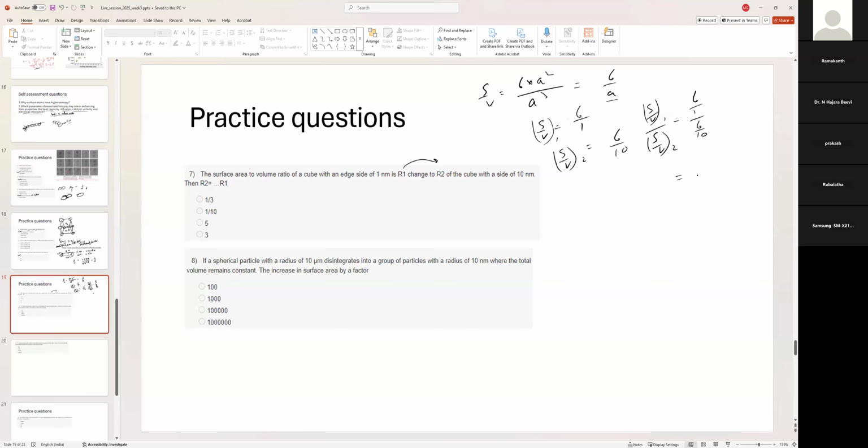It should be 10. So this is R1, this is R2.